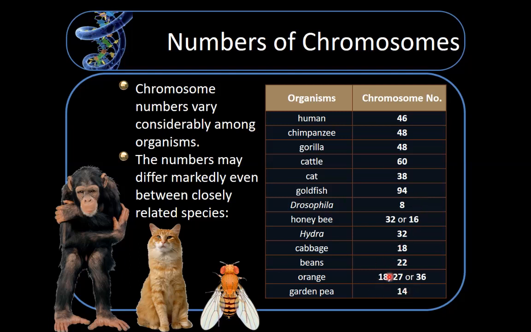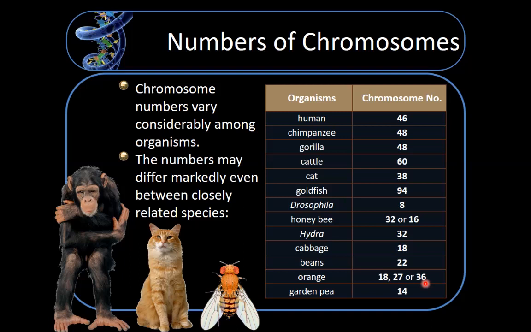Now, some of you at this point, as I'm talking, may have noticed down here when we start looking at the orange. Whoa, that's got 27. That's not even. But if you go ahead and take the other 2 genetic numbers that we have here, 36 and 18, if you divide them both in half, what do you get? Well, half of 18 is what? That's right, 9.